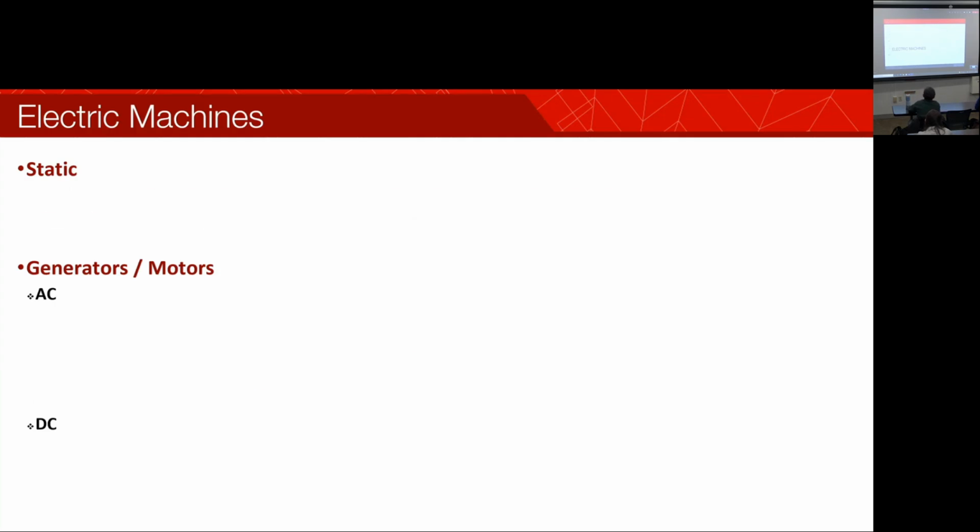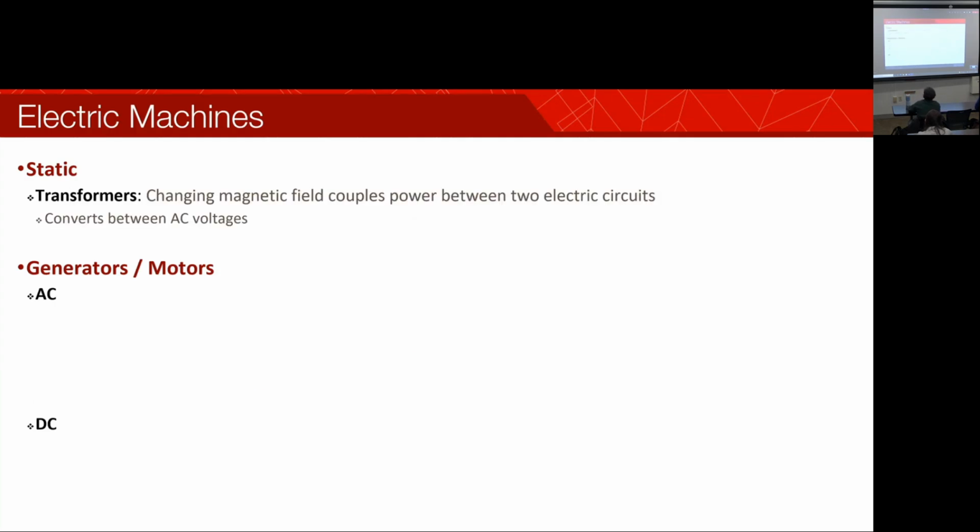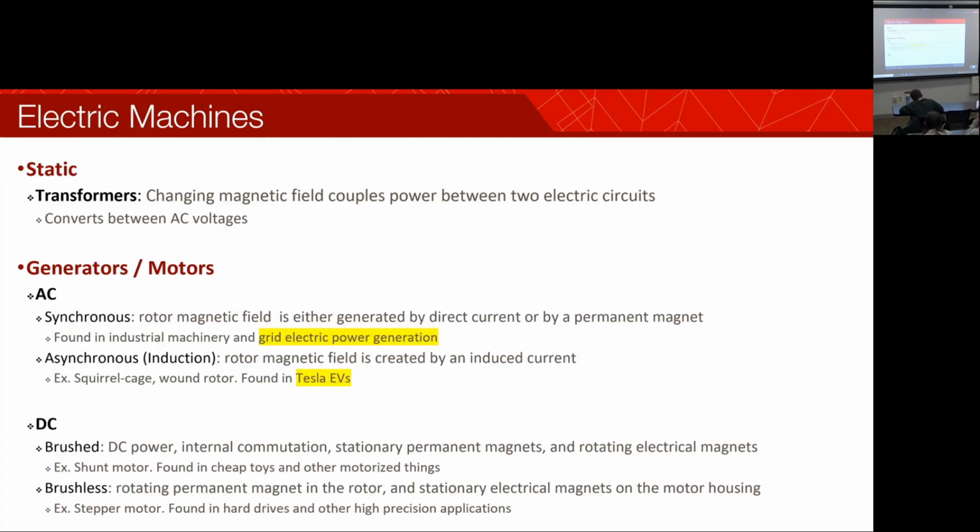Okay, so different types of electric machines. A static one, which isn't really an electric machine but is in the same category, is a transformer. And I don't mean an Optimus Prime kind, I just mean a bunch of coiled wires, and we'll see that in just a second. Don't worry about the details, just worry about these headers. Transformers don't physically move, but we call them machines anyways.